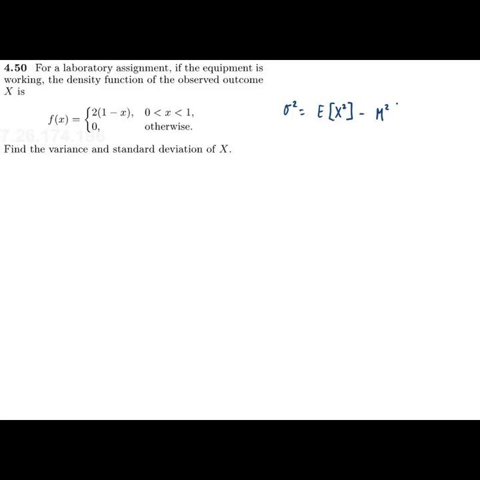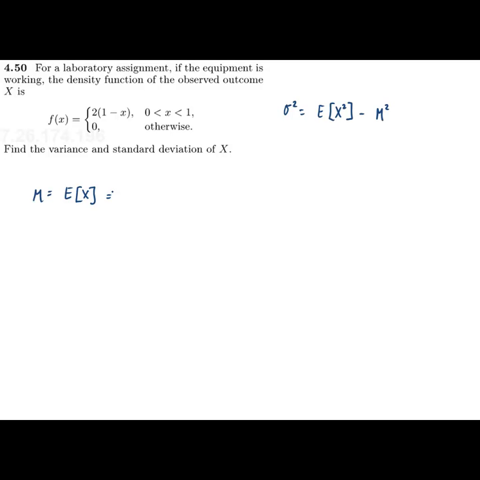Okay, so that's the formula that I'm going to use. As you can see here, you need two things in order to find the variance. You need to find the mean, correct? And you need to find the expectation of x squared. So let's start by finding the mean.